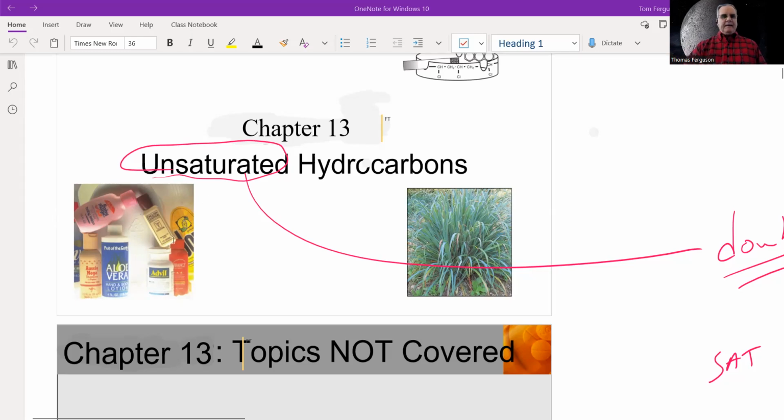All right. So today we're going to get into alkenes, which are also known as unsaturated hydrocarbons. Remember, hydrocarbons are made up of 3 parts. We have single bonded hydrocarbons, double bonded hydrocarbons, and triple bonded hydrocarbons. So hydrocarbons is a very generic term.